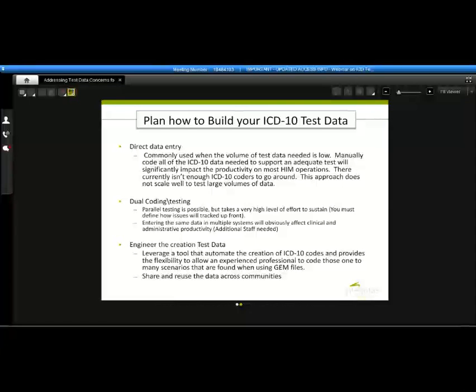The third focus is what we alluded to a little bit earlier, and that's engineering your test data. There are GEM files out there. There are tools that people have developed. We actually have a platform that we've developed that will allow you to take your existing ICD9 data, obviously the one-to-one mapping, and convert that automatically, but then provide an interface for your coders to go and encode so you can get specific clinical encounters that are relevant to your specific organization.